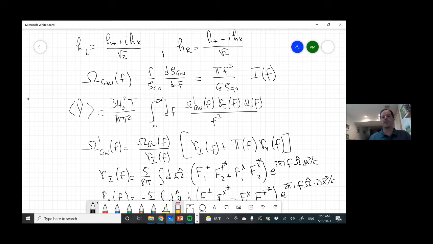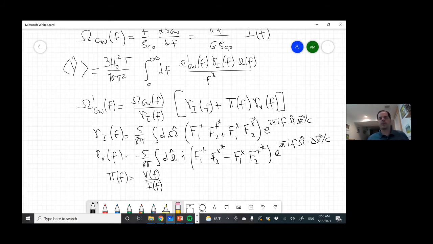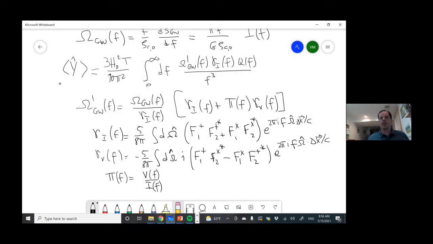Okay, so let's stare at this a little bit. I already said that y looks very similar to the y for the unpolarized case. The only difference is that omega GW is now omega GW prime. Gamma has the subscript I, and when you look at this gamma I, it is exactly F1 plus F2 plus plus F1 cross F2 cross.